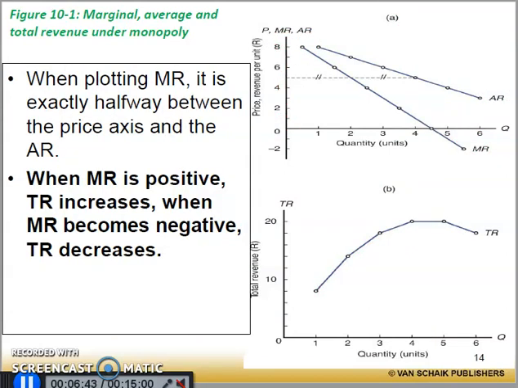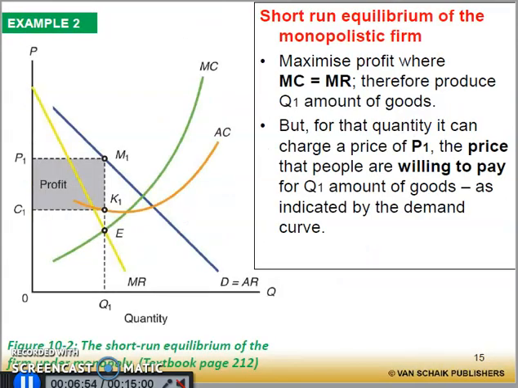So now that we've examined the revenue structure of profit maximization in a monopolistic firm, we are ready to look at the short run equilibrium of the monopolistic firm. This figure illustrates the short run equilibrium position of the monopolistic firm.